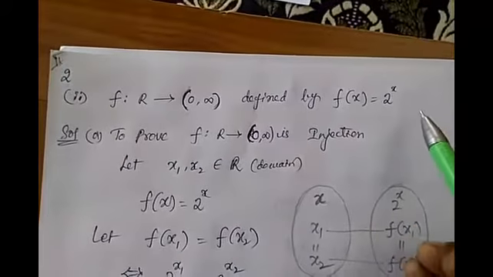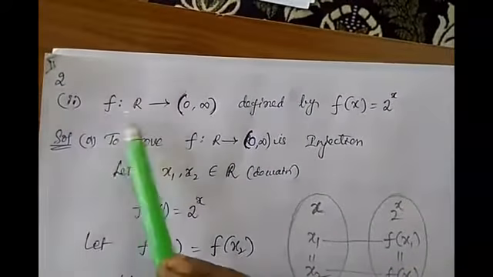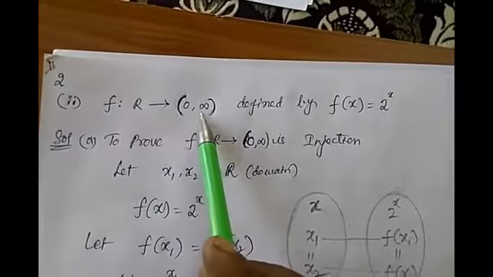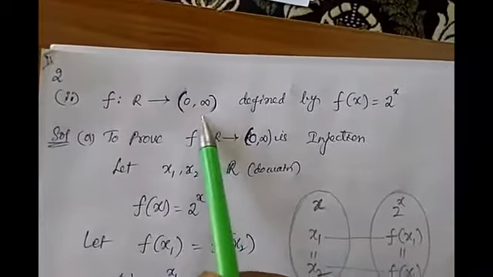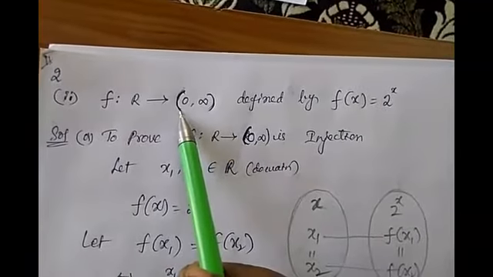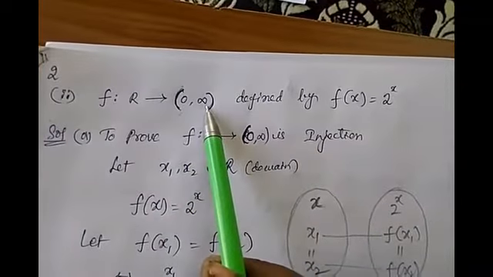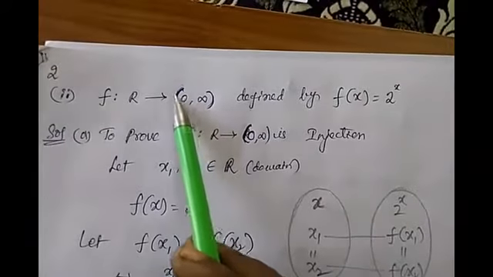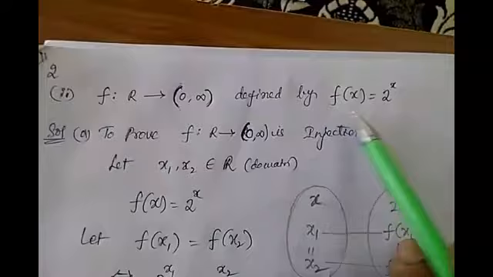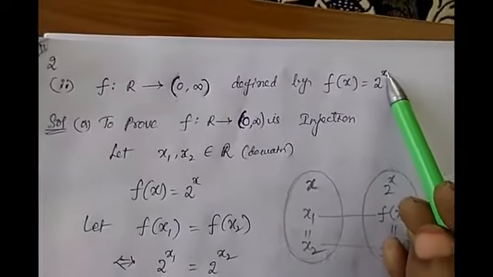The given function is defined on the real number set to the open interval 0 comma infinity. This means what? We have only values between 0 and infinity. That means it does not include 0. Defined by f of x is equal to 2 power x.